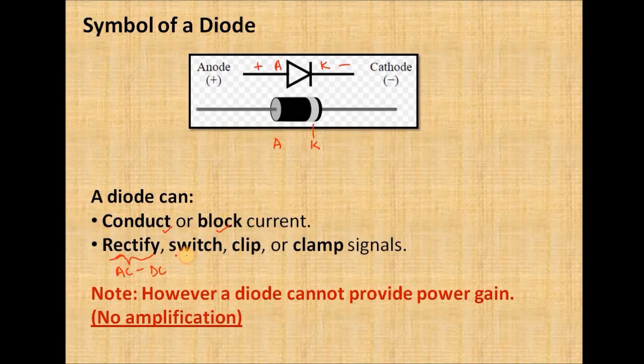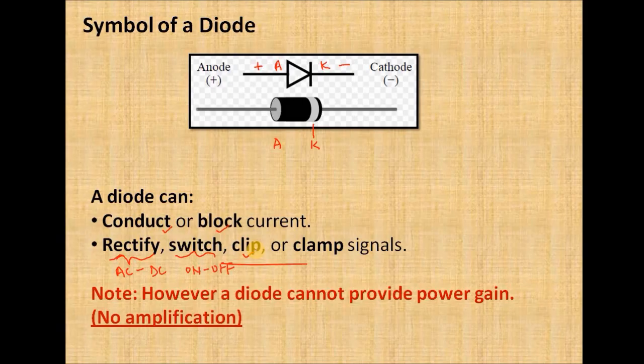A diode can also be used as a switch. When we say switch, it means from on to off and vice versa. A diode can also be used to clip a particular signal. So what do we mean by clipper? Clippers are diode based circuits which remove a certain portion of the signal.